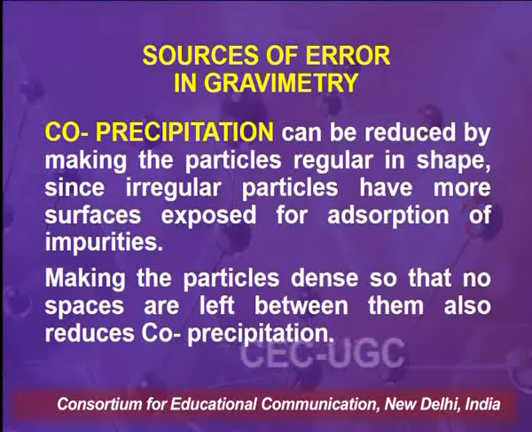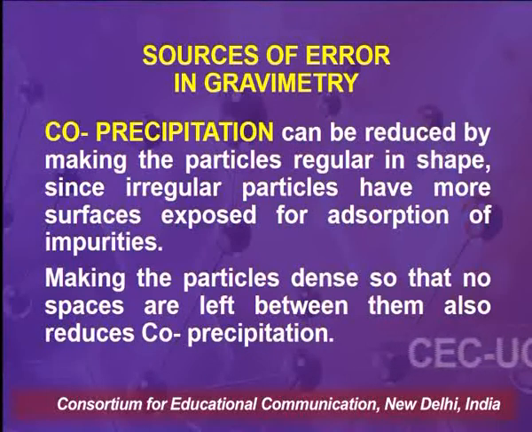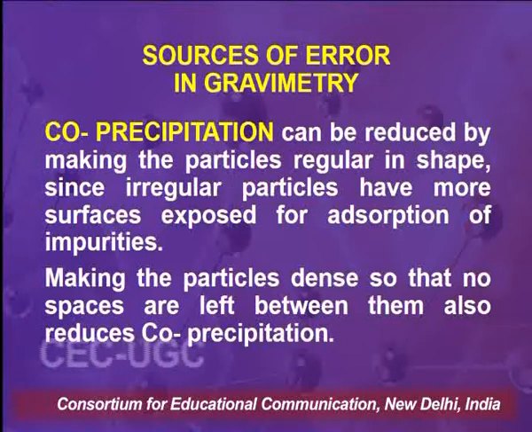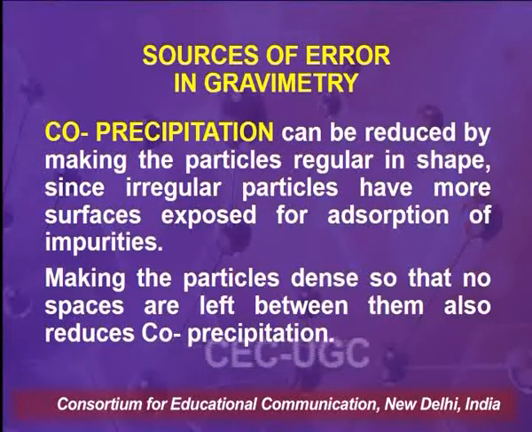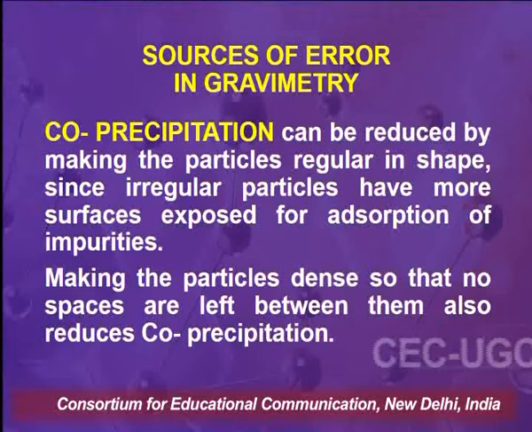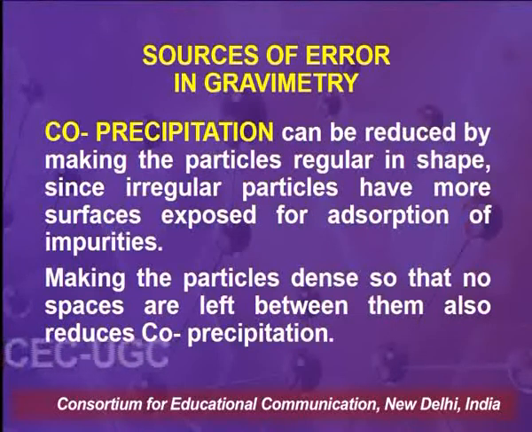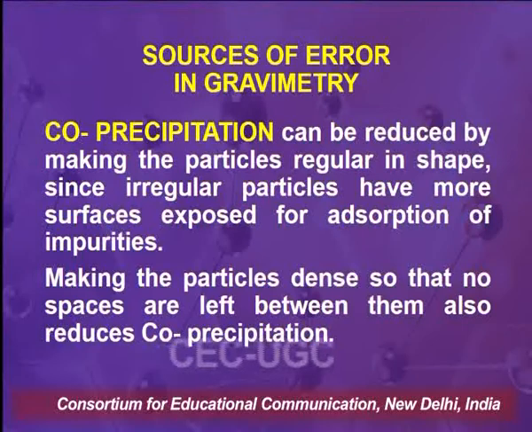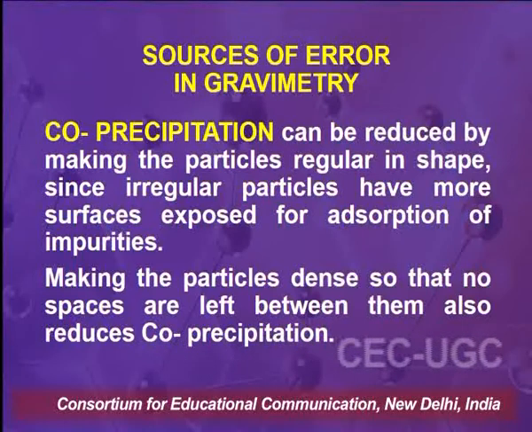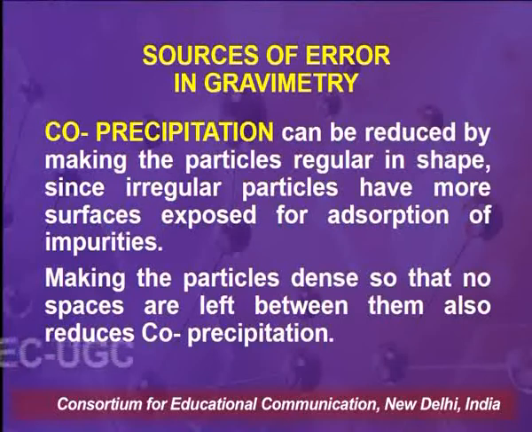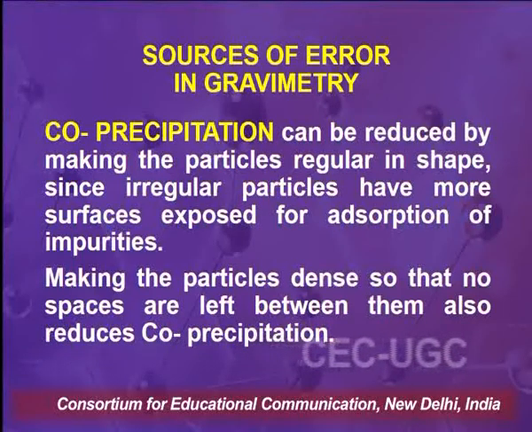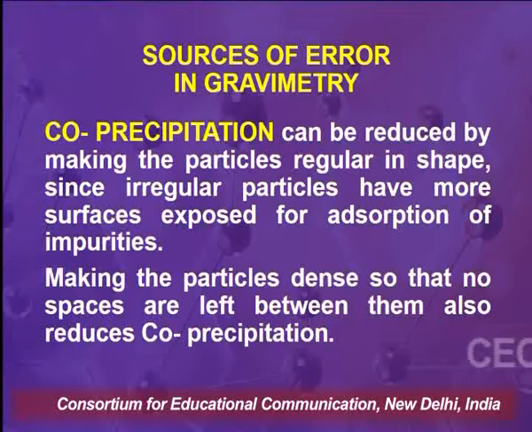So, if a particle is spherical or circular, and if a particle is square shaped or star shaped or any other irregular shape, then an irregular shaped particle will have more surfaces exposed, and once an irregular particle has more surfaces exposed, then more impurities can get adsorbed on the exposed surfaces. So, to reduce that, the particles need to be regular in shape.